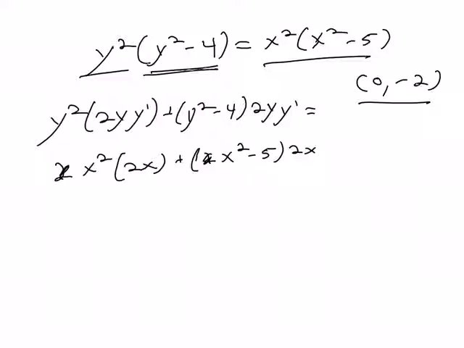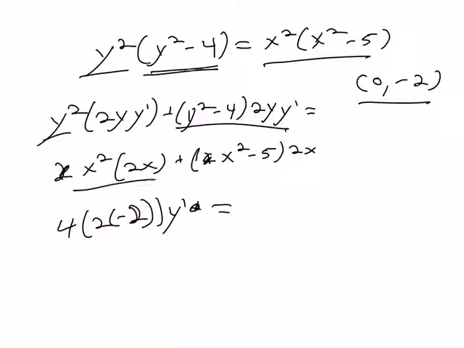Plugging in the point 0, negative 2, this becomes 4 times 2 times negative 2 times y prime plus, so this is 4 minus 4, so this is 0, is equal to 0 because x is 0, and this is 0 because x is 0, so 0.